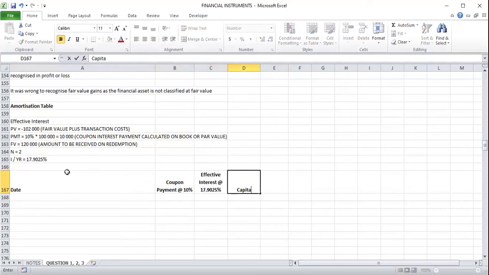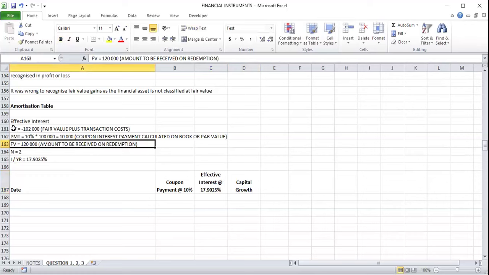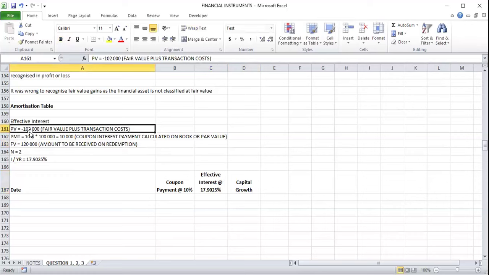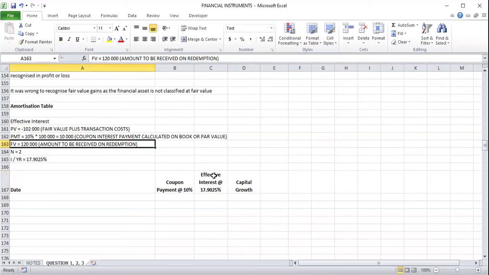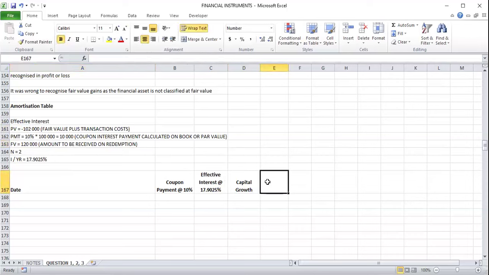Capital growth. This time there's no capital repayment, there's capital growth. Why? Because our FV is more than the PV. So our principal will grow from 102 to 120. Then we'll have our balance.